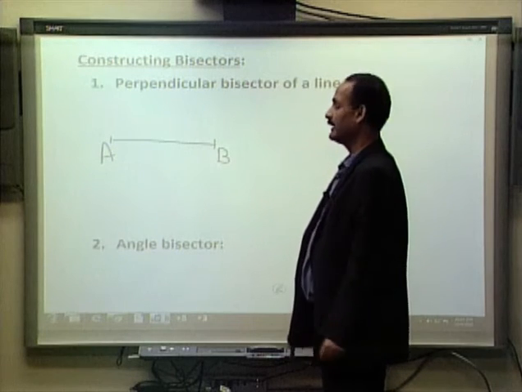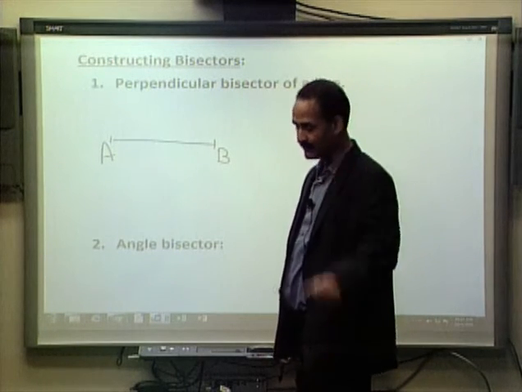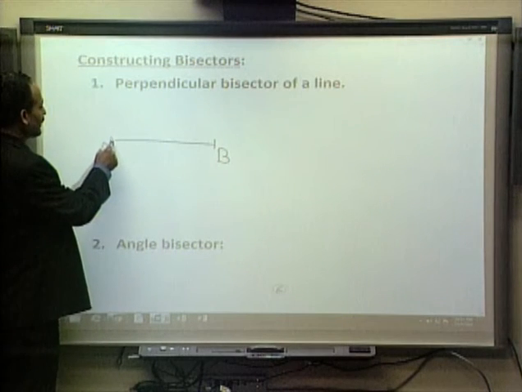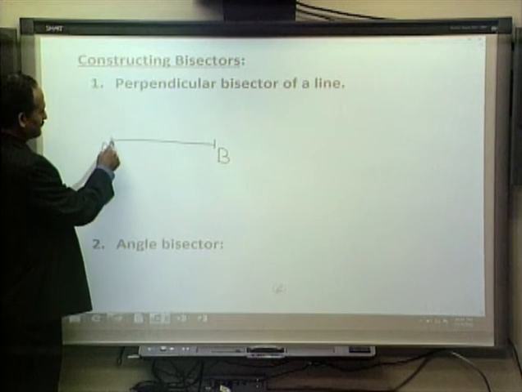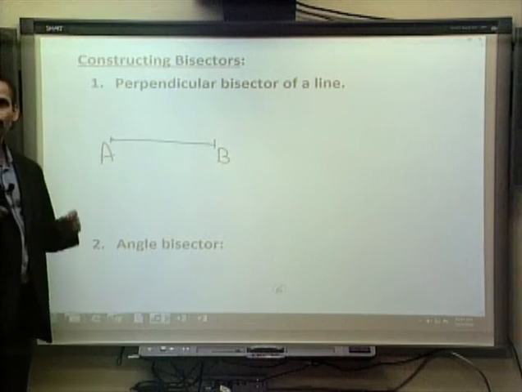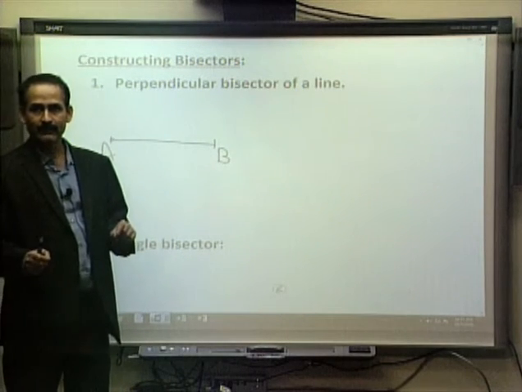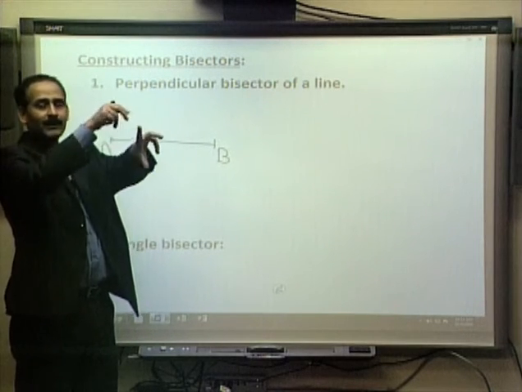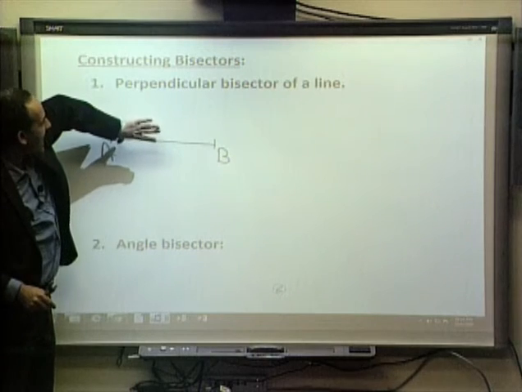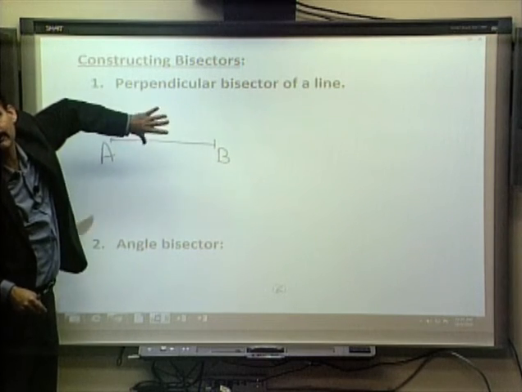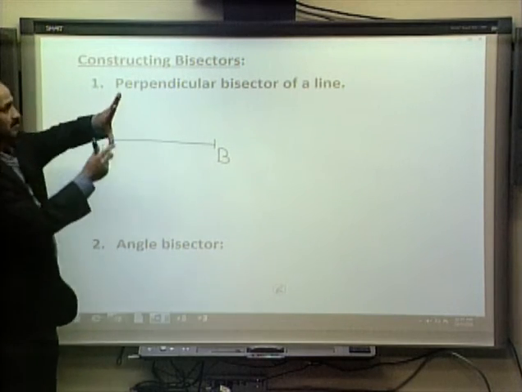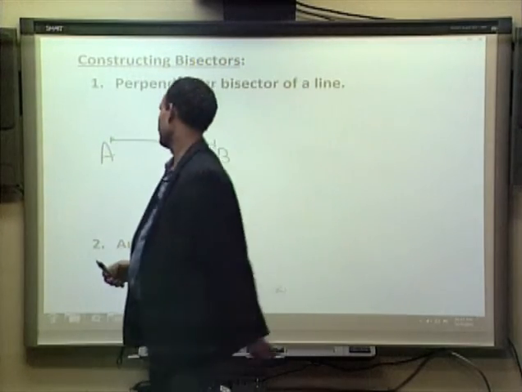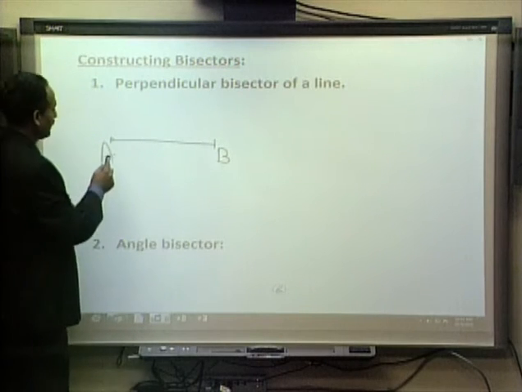In order to do that, again we will be using our compass. What we do is put one end of the compass at A and open the compass so that the opening is bigger than half of the length of AB. So, have a large enough opening, bigger than half of the length of AB.